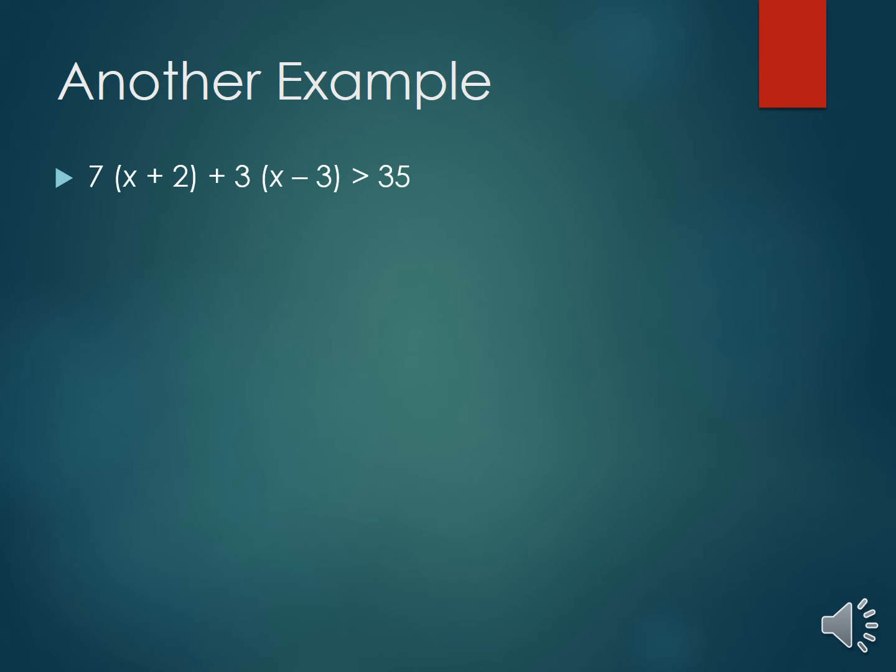Here's another example. 7 times the quantity x plus 2 plus 3 times the quantity x minus 3 is greater than 35. Pause the video at this point to give yourself a chance to do the example. So we'll start with distributing the 7 and the 3.